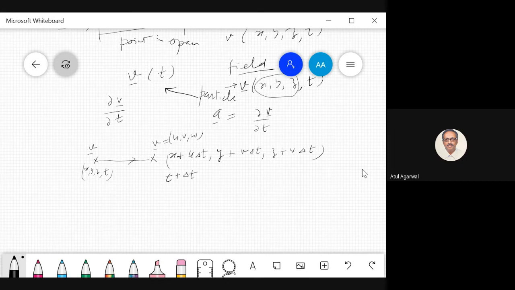So if we have to find acceleration of the particle, we represent it by dV by dt. Once we say dV by dt, while you are given a spatial field, spatial field means you are given velocity description in terms of position in space. You are not following the particle. Now it is called material derivative.